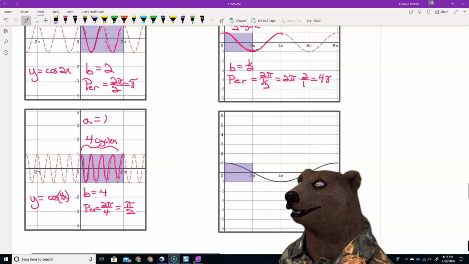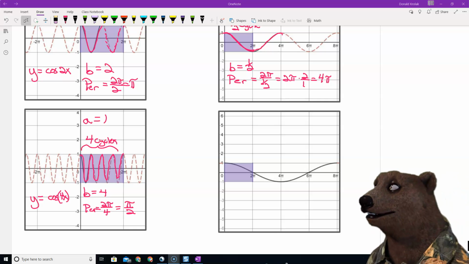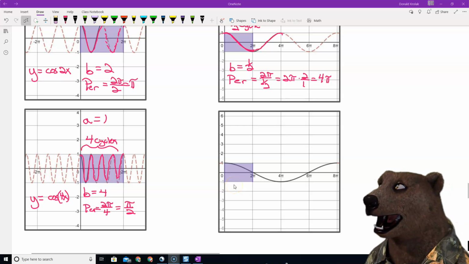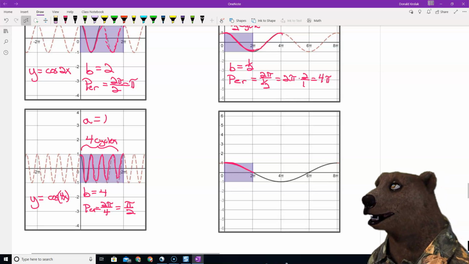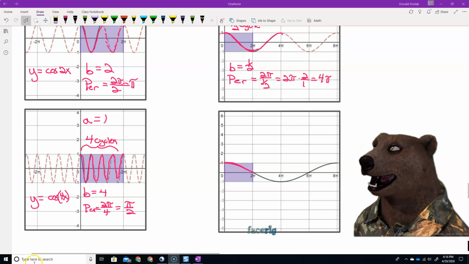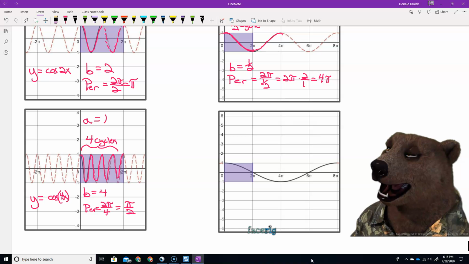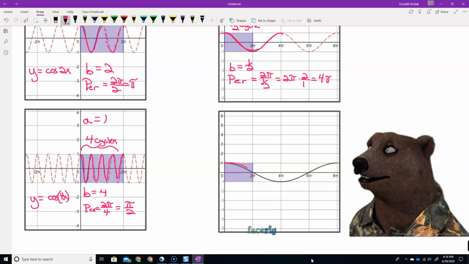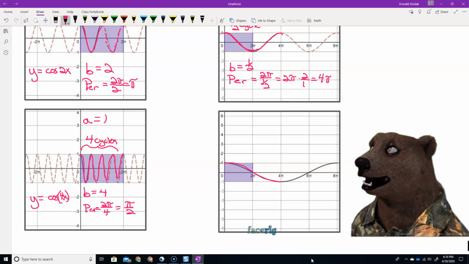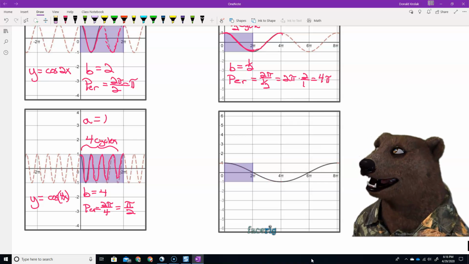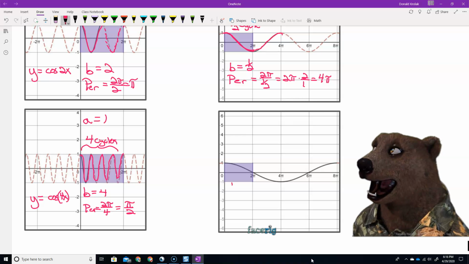And now the last one, okay, that's not quite a half, like we saw over here. A half of a cycle goes to there, so that's less than half of a cycle. So let's take a look and see if we can figure this out. This would be half of a cycle, so then to here is just a quarter of a cycle. So that tells me 1/4 of a cycle.